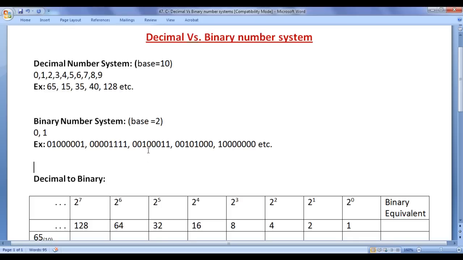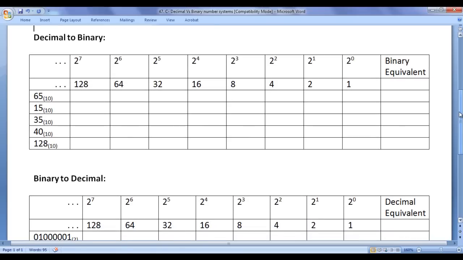You can see that just by seeing a sequence of zeros and ones, it is difficult to say what number it represents, right, guys? So, we must understand how to convert a decimal number to a binary equivalent number. We must also understand how to convert a binary number to a decimal equivalent number, guys.